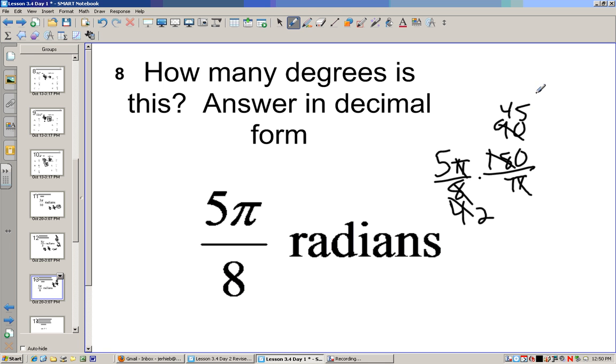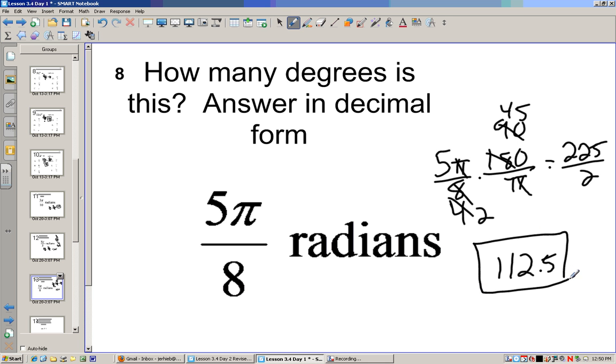So it's 5 times 45, which is 225 over 2. So it would be 112.5. Hopefully my math is correct on that. All right, I just double checked myself.